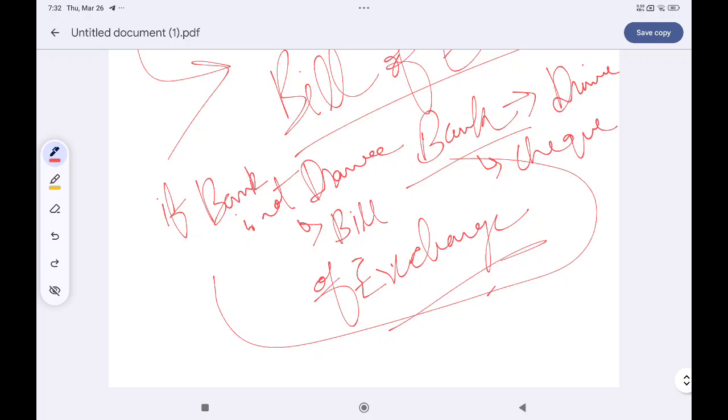In the next video, I'll try to explain other components of this Act. There are two very important sections in this Act: Section 138, the dishonor of a check, and Section 142, which discusses all the procedural nature of the dishonor of a check.